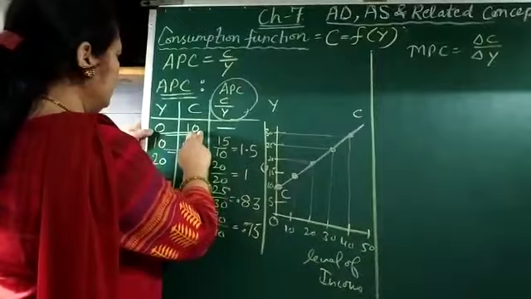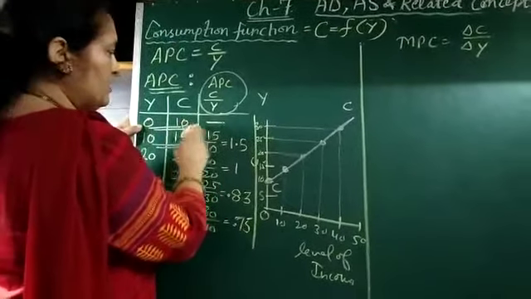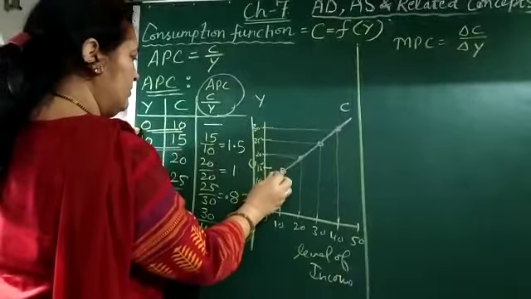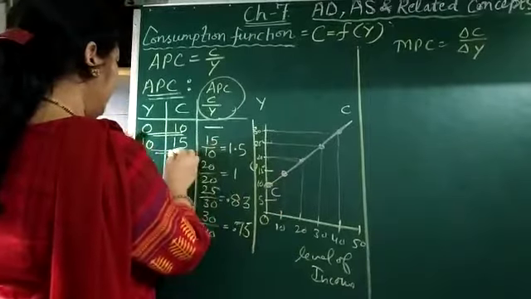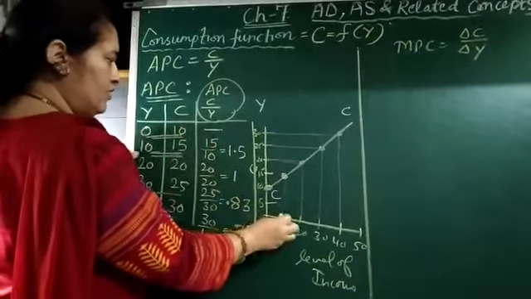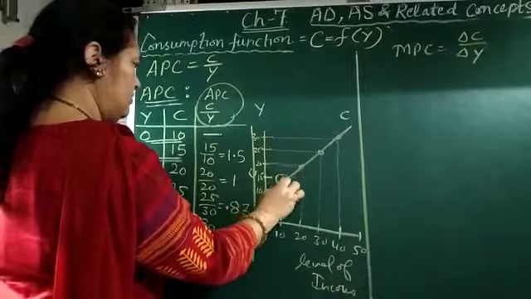First combination is 0 income level and consumption 10, this combination is A. We are taking second combination at 10 crore income level, consumption is 15.